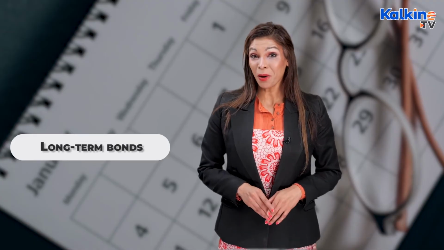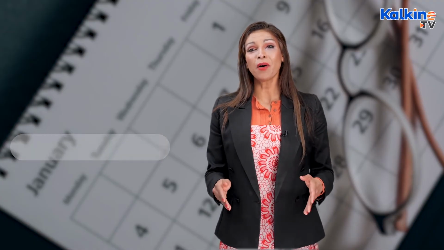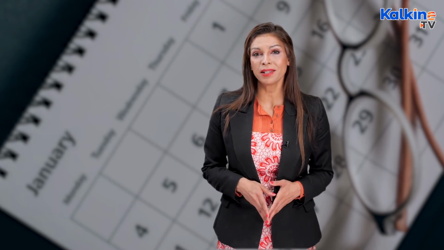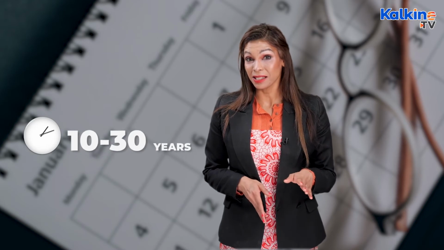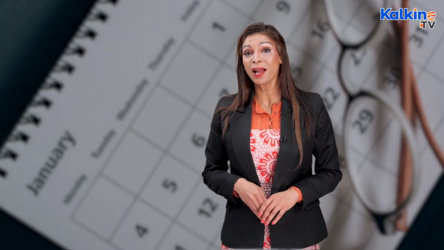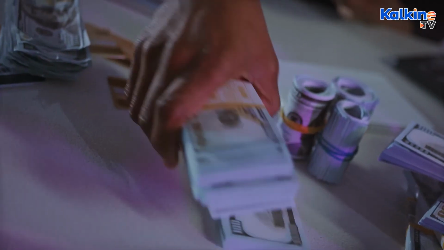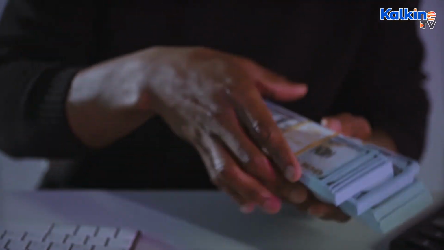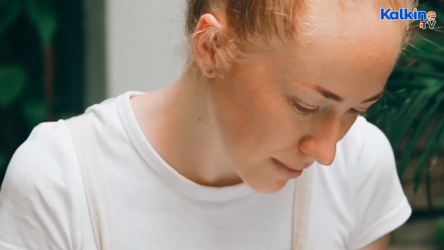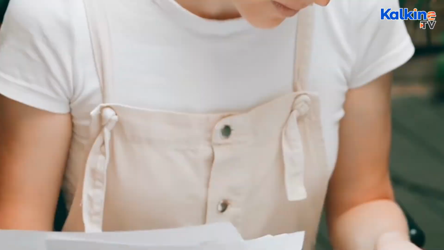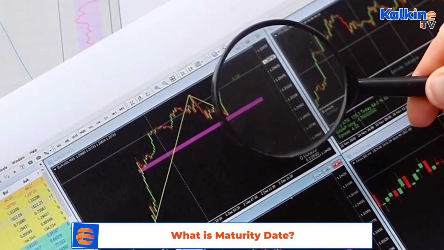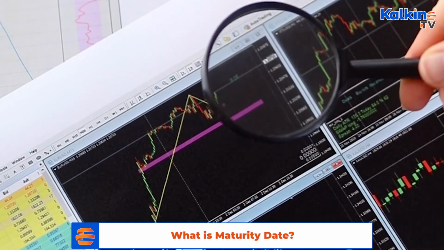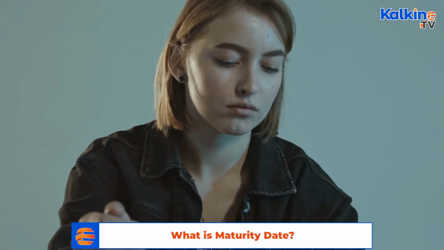Next is long-term bonds. And long-term bonds are usually identified by the ones that have maturity terms of about 10 to 30 years. These types of bonds do pay a much higher yield than any short-term or intermediate bonds. Long-term bonds are preferred by investors who have higher levels of risk tolerance so that they can go through several market fluctuations over the life of the bond.